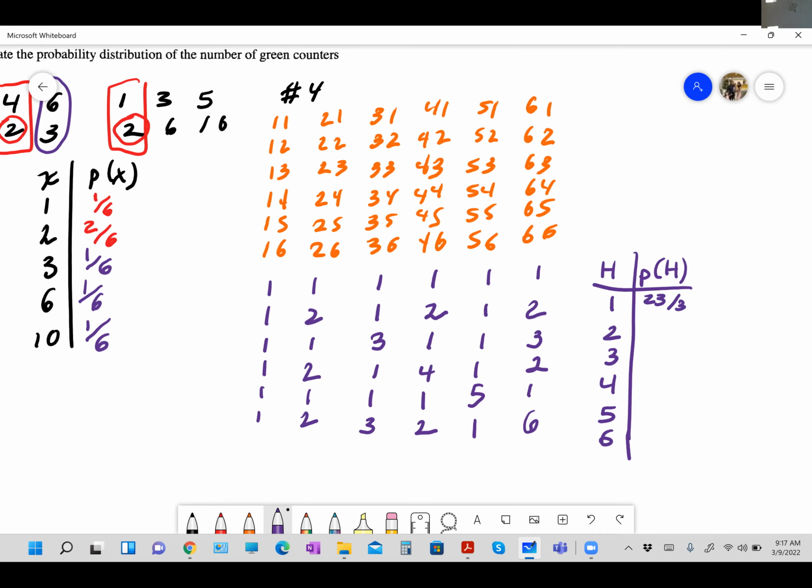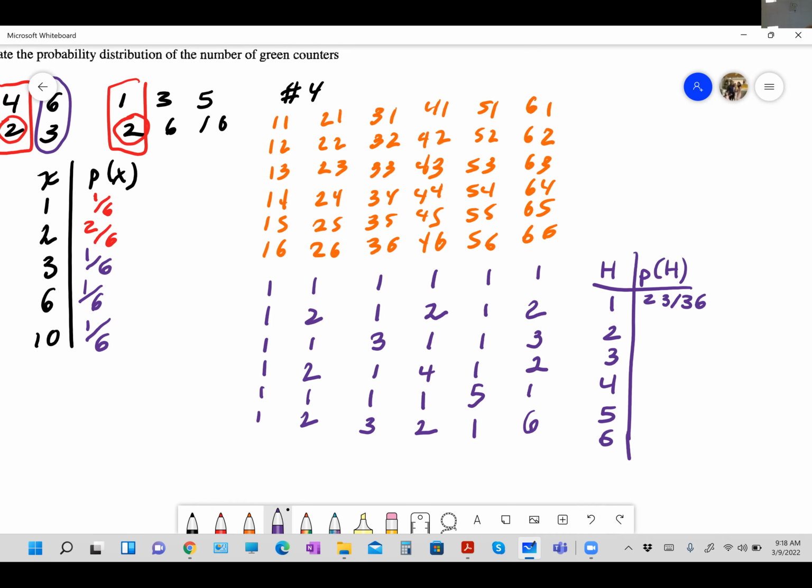You counted 24? All right, I missed one. Let's go back. 1, 2, 3, ... 22. I got 23 again. What math am I doing? Oh, it's for the 36. I'm saying out of 36. Yeah, 23 divided by 36, out of 36.